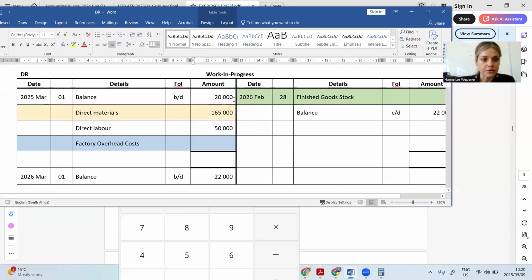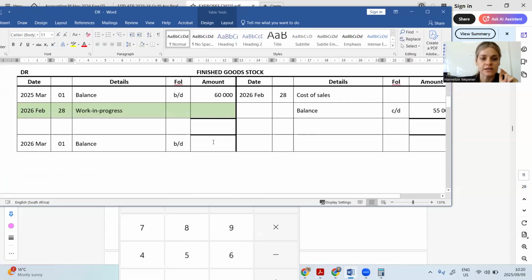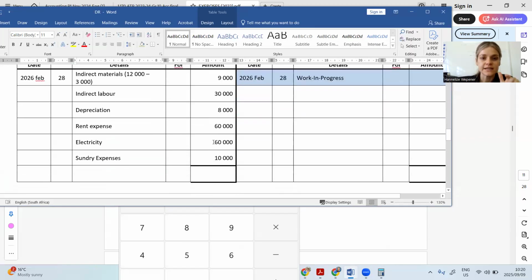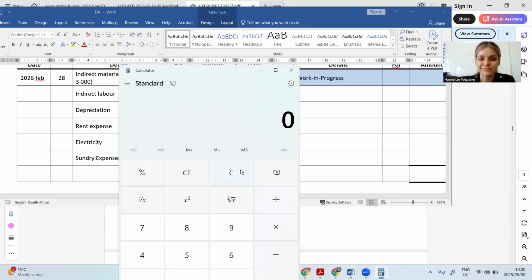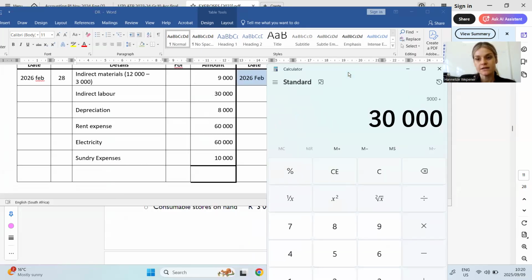So we have the opening balance, the direct materials, the direct labor, and we don't have factory overhead costs. But it's okay, we already did that ledger account, so let's go to that. So they didn't give us any other costs, which means that this was it. So this is what we're working with. So we have the 9,000 plus the 30 plus 8,000 plus 60 and another 60 and 10.